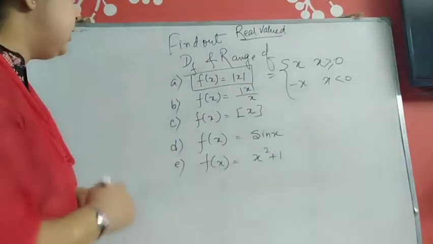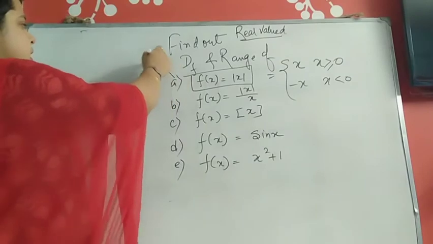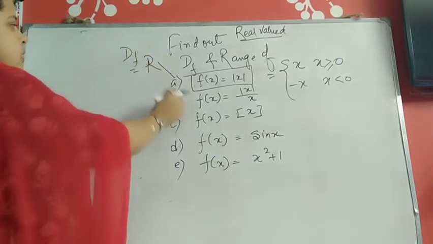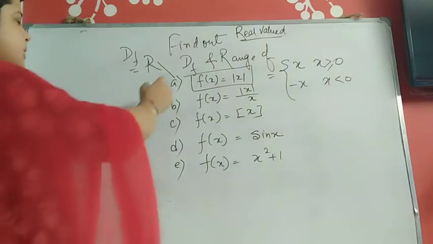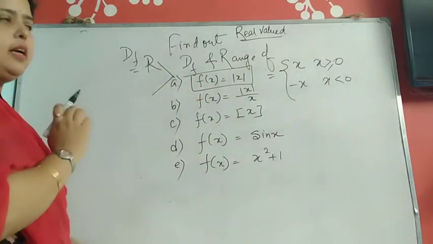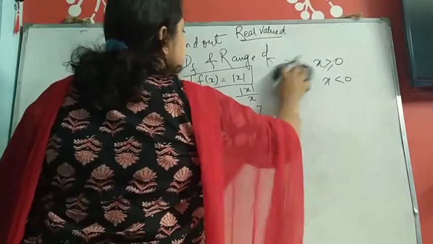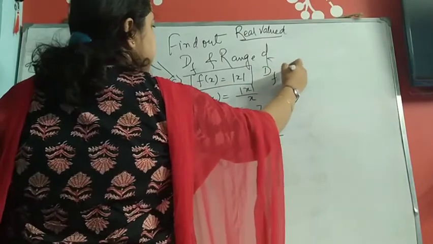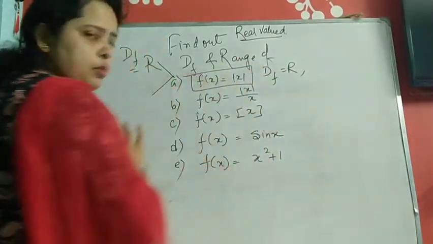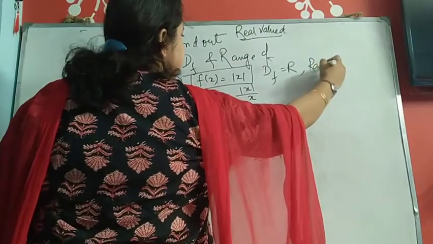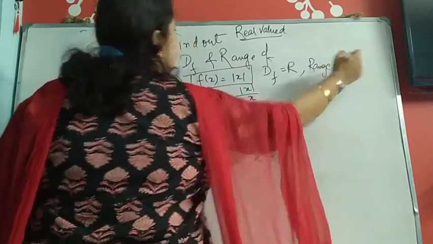So if the domain of the mod function is the real number set, then the answer, that is the image set, is always positive. So I would write here, DF means the domain is the real numbers, and the range is all R plus.